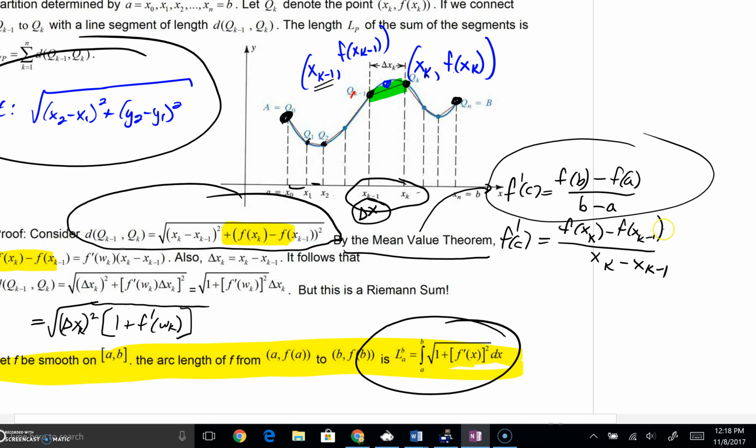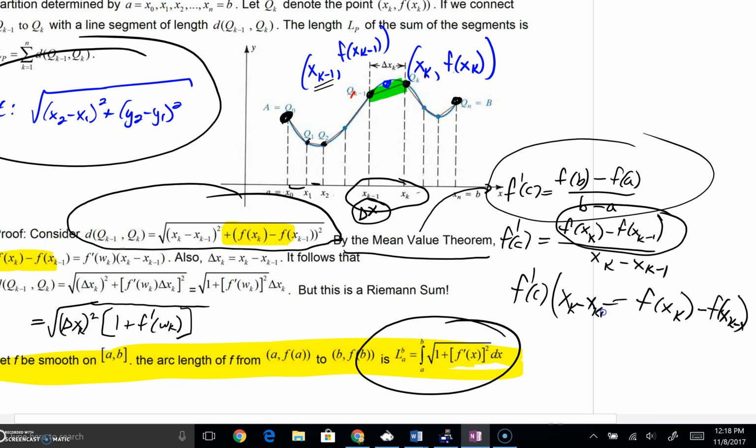We're saying that, if I wanted to solve for the y2 minus y1, I'd have f of x sub k minus f of x sub k minus 1. And we'd say that's equal to f prime of c times x sub k minus x sub k minus 1. Why do we bring that up?